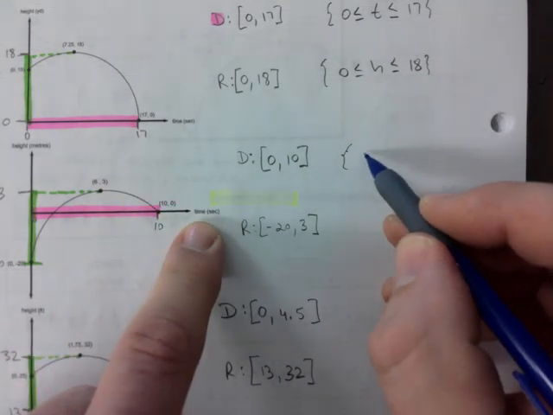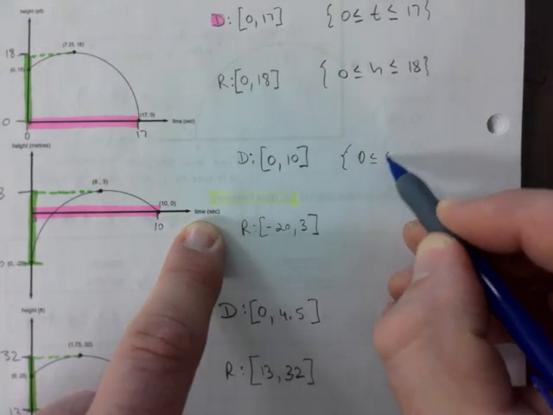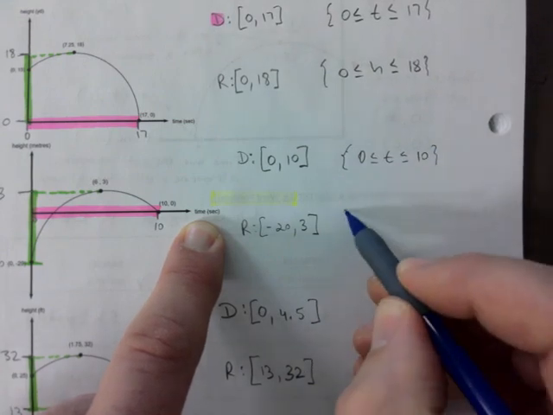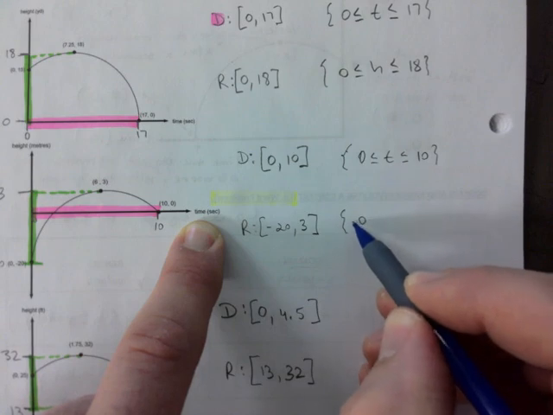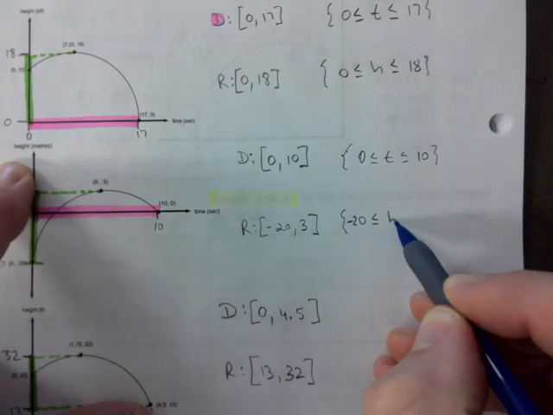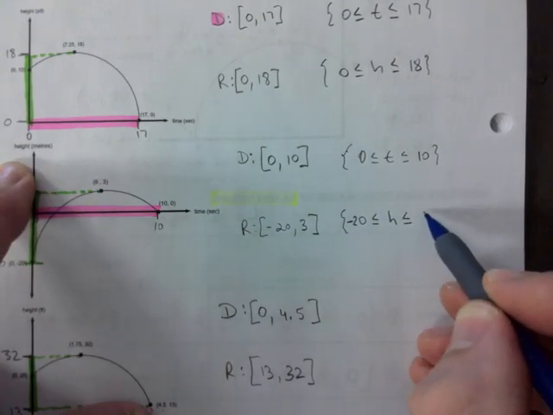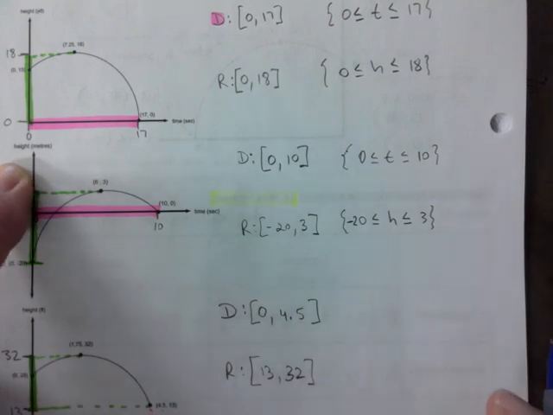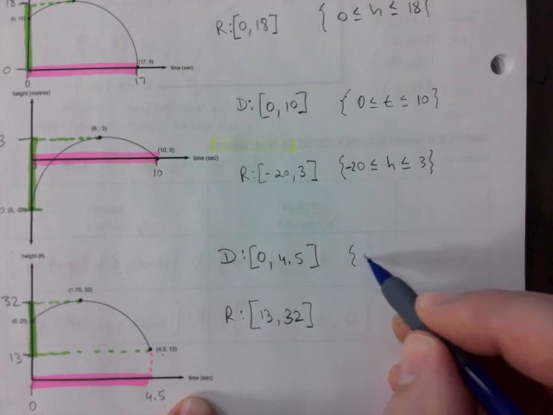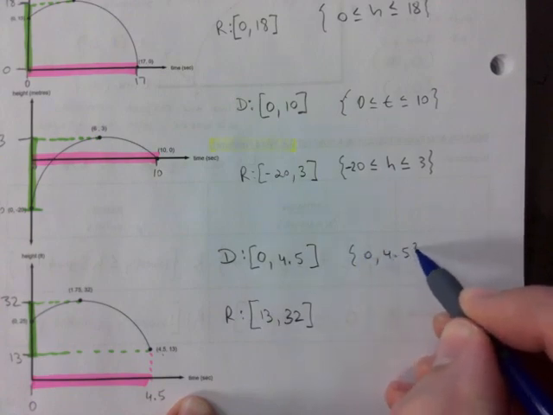This one would be time still, so 0, time, 10. And the range would be negative 20. And we've got height still on the y-axis, so that's pretty safe there. Like that. And then for this one, we have time and height again.